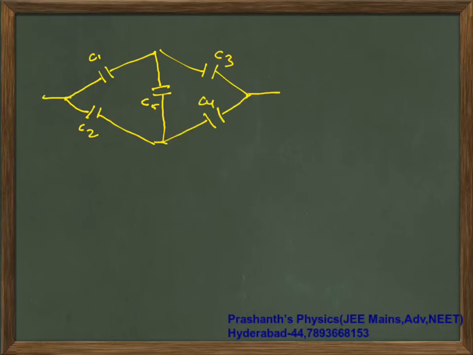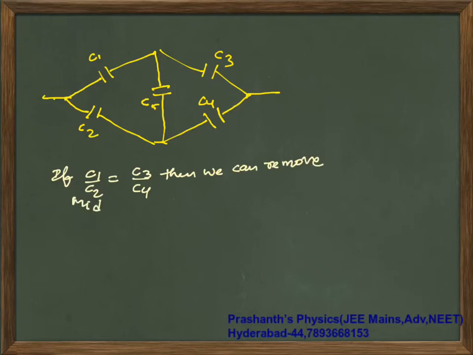If C1 by C2 is equal to C3 by C4, then we can remove the middle capacitor.